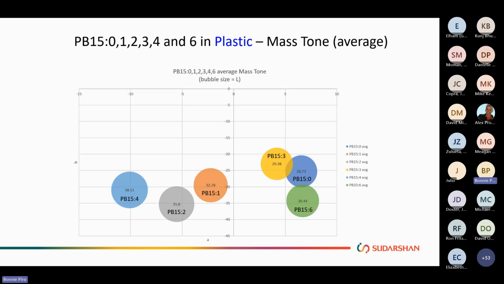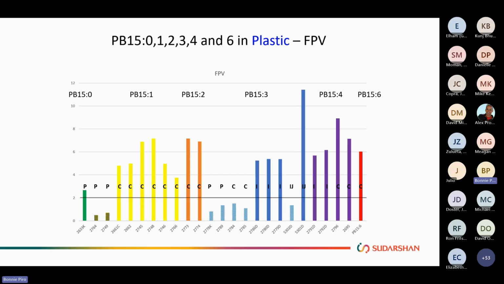I mentioned that the 15:3 is a beta, so you would normally think that it has a more green shade approach in a mass tone. But because there are so many products in here and thus a wider variety of color for the individual products, the average does push it to look more like an alpha blue in color space.